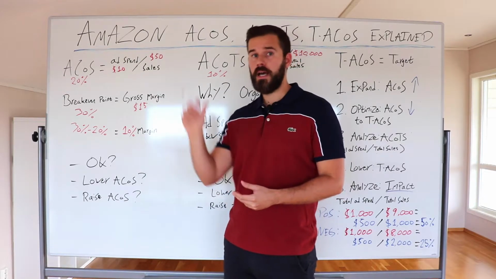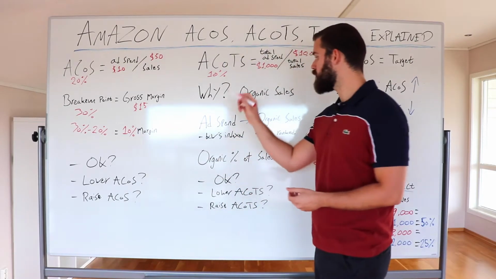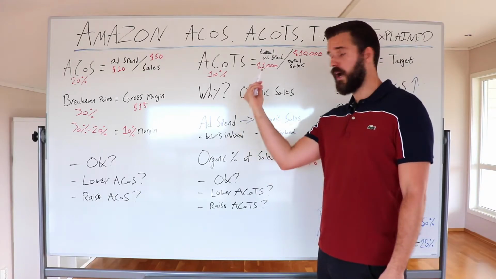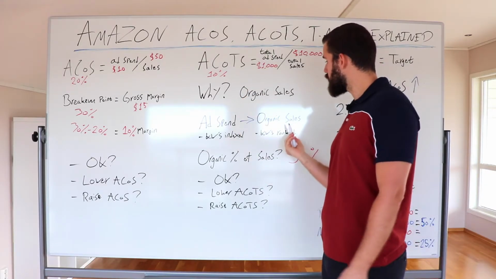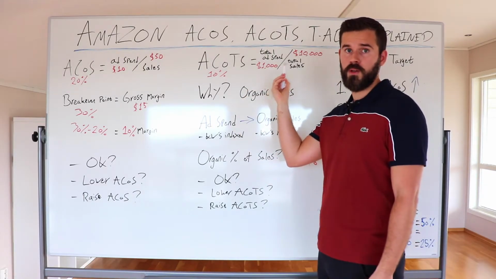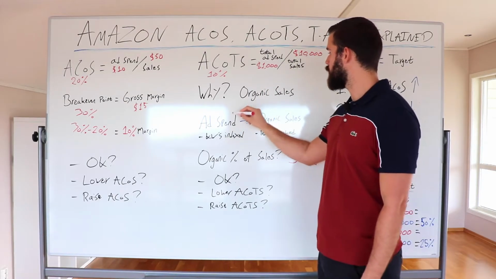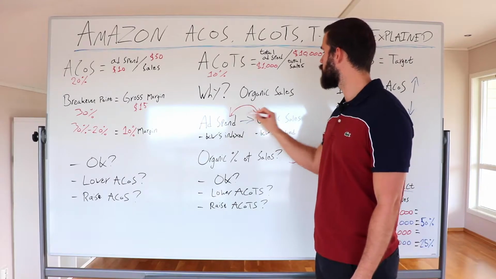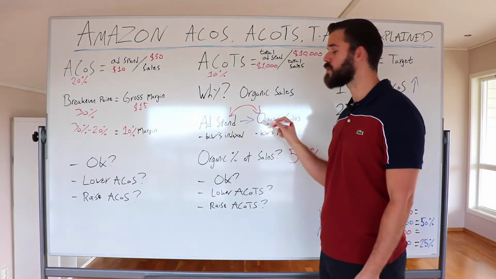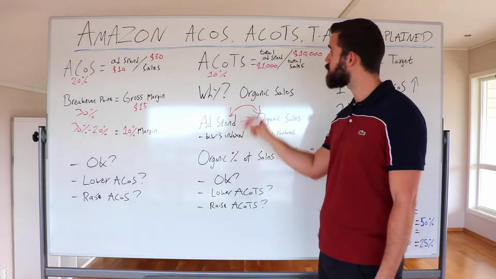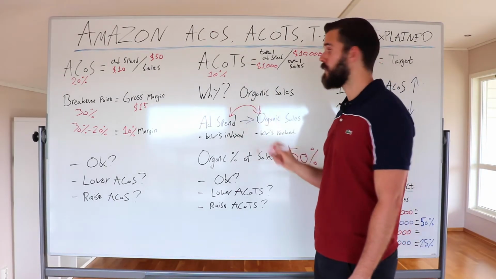But if you're willing to pay more, so you're willing to have a higher ACoS, you're going to get more paid sales. And remember, because there is a relationship between ad spend and organic sales, when you drive your ad spend up, your organic sales are also going to come up most of the time. And this is a very important relationship to watch out for. You've got to really monitor this relationship very closely, because this is telling you ultimately what the impact of the ad spend is, what the ACoTS looks like, right?